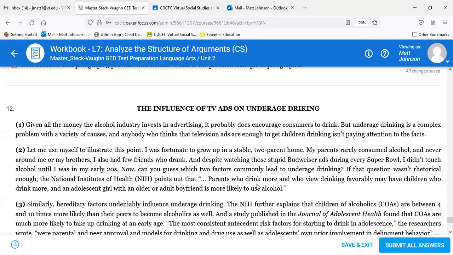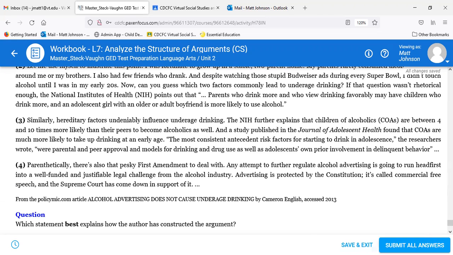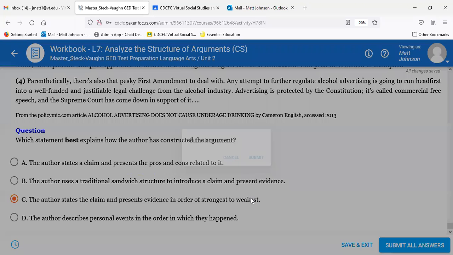She ties that into other evidence about other children in similar households who aren't exposed to drinking and things like that. So she starts with an anecdote about herself, but then ties that into the rest of the evidence. So it makes a really strong case. So 12 is C. Does anybody need me to follow up there with any answers?